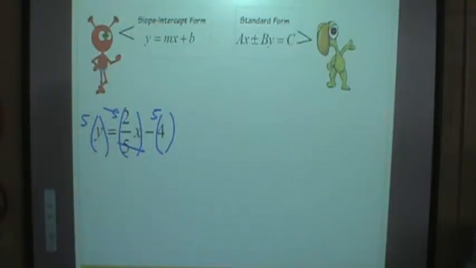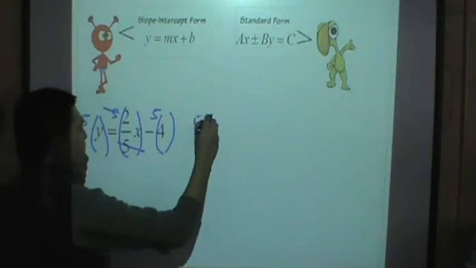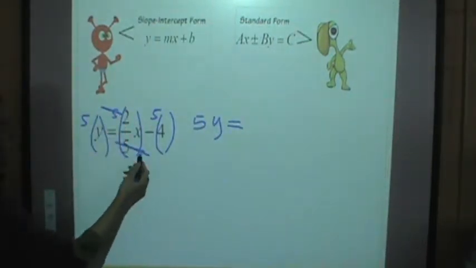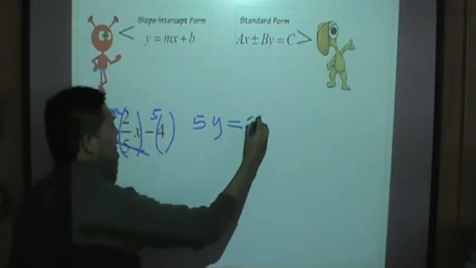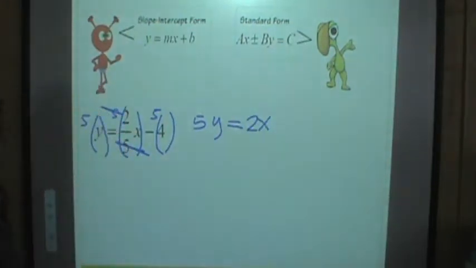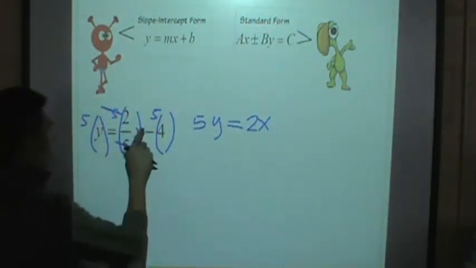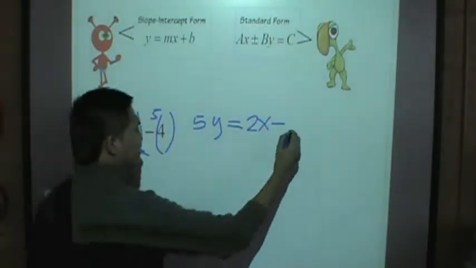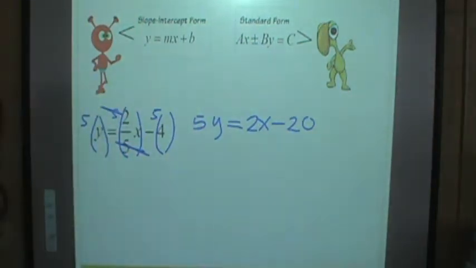There you go. So now I have 5y equals, I just got rid of 5, and now that leaves me with 2x, and minus 5 times 4 is 20. My objective is to make sure that both x and y are on the left side.